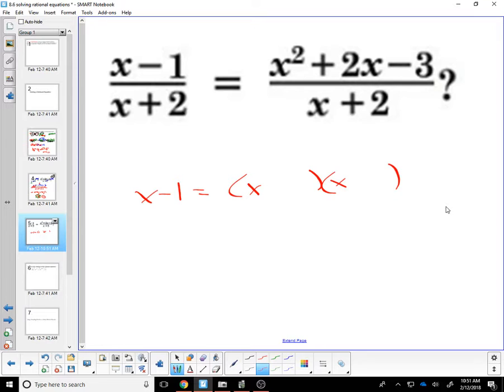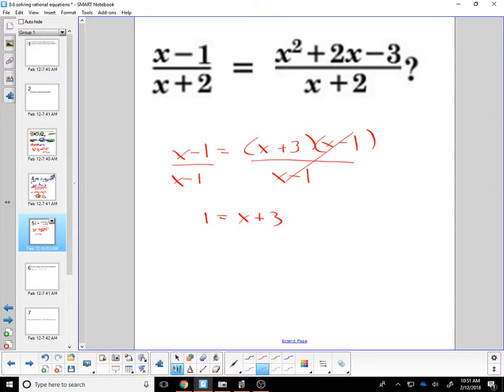X plus 1? Plus 1 minus 3? No, plus 3 minus 1. Plus 3 minus 1. Okay. So plus 3 minus 1. You divided both sides by x minus 1. So that's this. That becomes 1 is equal to x plus 3. Correct?